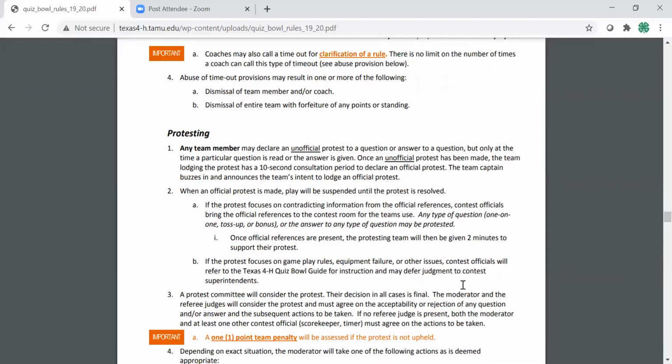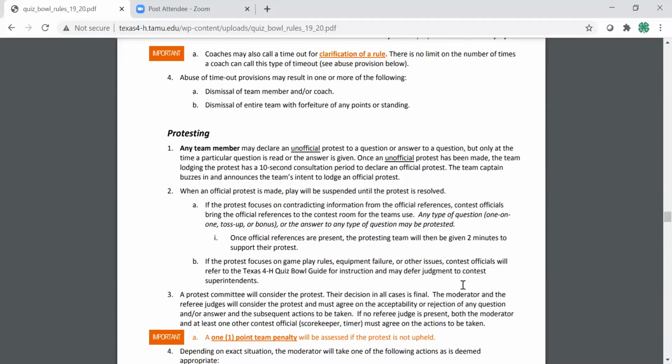If the protest focuses on contradicting information from the official resources, I'll show you all the official resources here in just a minute. Contest officials bring the official references into the room, and we will give the team 2 minutes to find the information to support their protest.